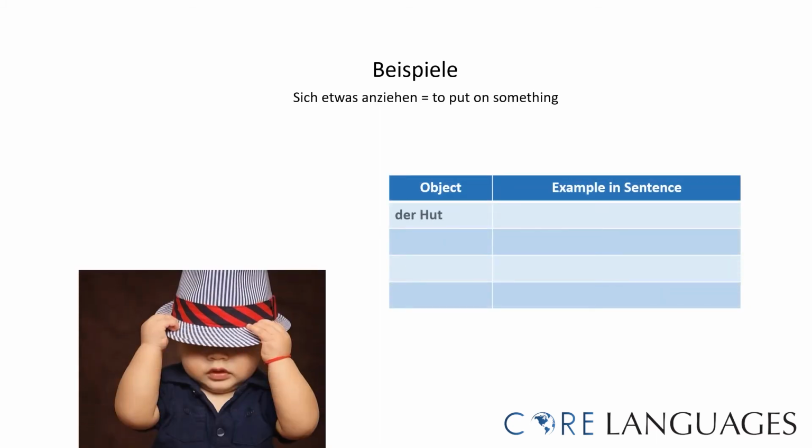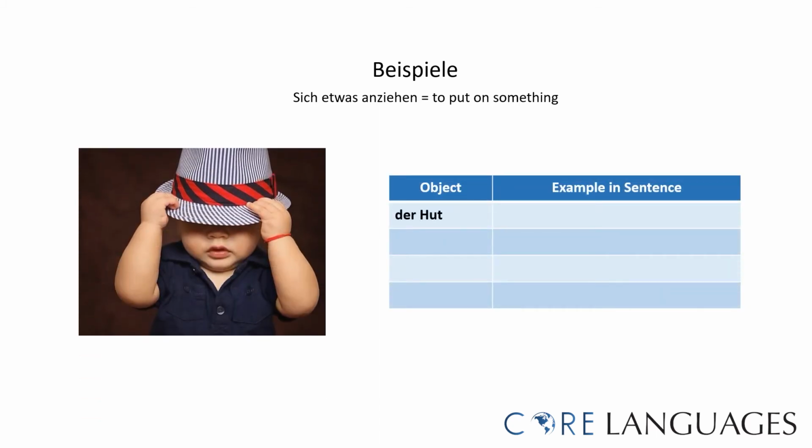For example, der Hut, the hat. Ich ziehe mir den Hut an. I put myself the hat on, or I put on the hat for myself. Mir is the indirect object reflexive pronoun, and den Hut is the direct object.